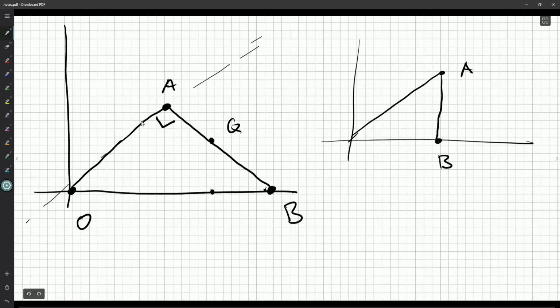Now, the right angle can't be at O because you automatically have a 45-degree angle between the x-axis and the y equals x line. But you could have your right angle over here at B, and that would just mean that Q is somewhere around here, and that a and b are both equal to 13. All right, that's possible.